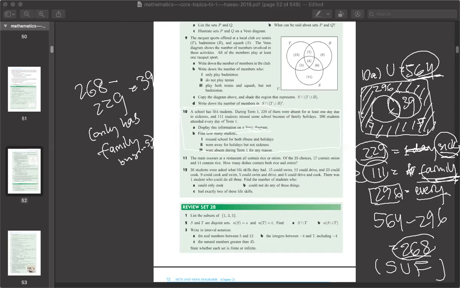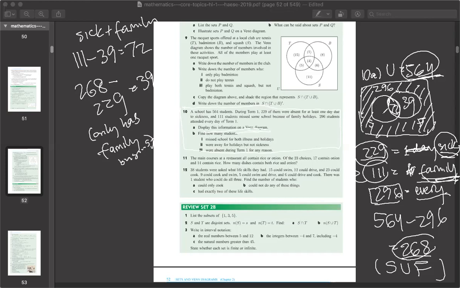And then to find the middle part, the people who skip school because of sickness and family issues, we can just do 111 minus 39, and that will give you the rest of the people in this circle.